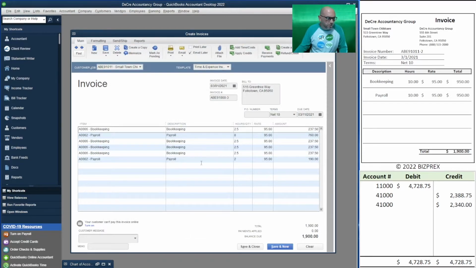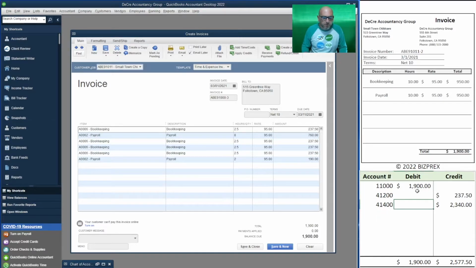Okay. This one has a little bit more, but 1, 2, 3, 4, 5, 6. Let's dissect this one as well, just to show you the debits and credits. So we have our bookkeeping, that's 41200, and that's 23750. We have our payroll, not payroll. Let's see, services 41400.